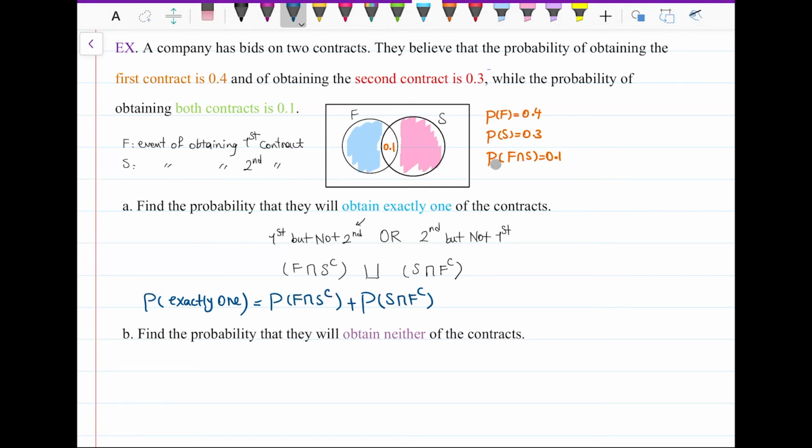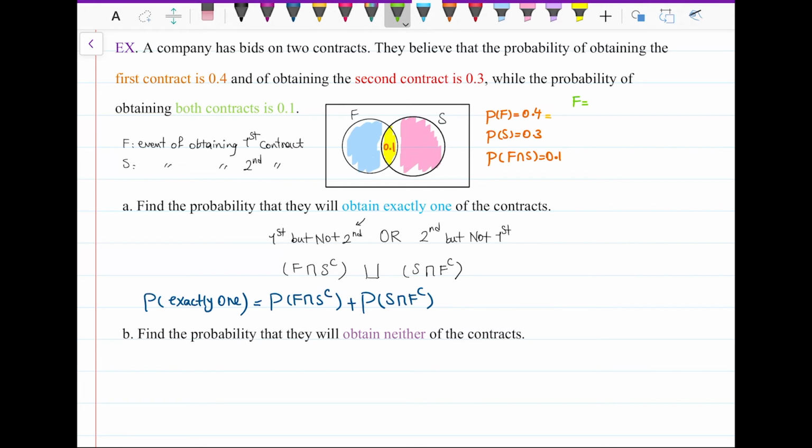Okay, now let's find these two. Looking at the information that we have, probability of F is 0.4. You see the set F is equal to the intersection, just here.